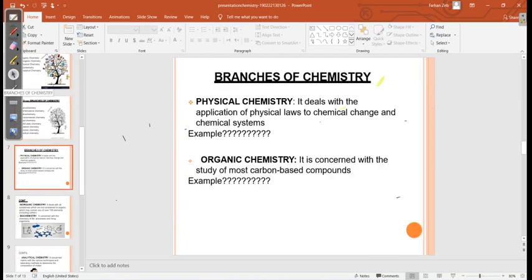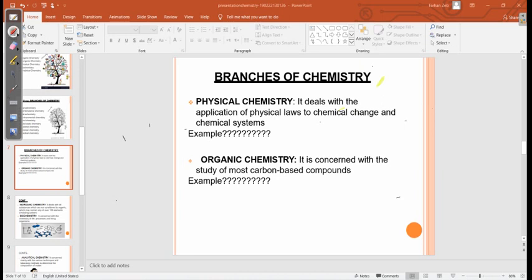If we are going to talk about the branches of chemistry, then the first one we are going to discuss is physical chemistry. Physique means anything which we can see, like the physical properties.